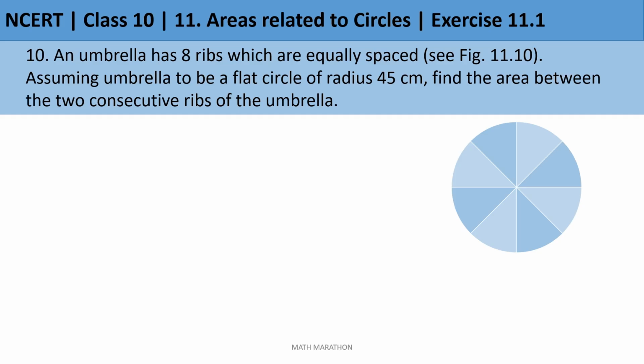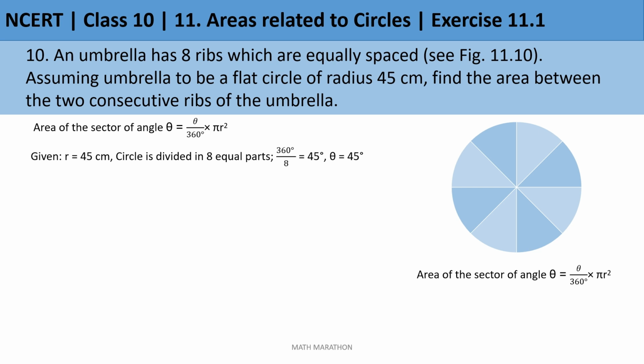An umbrella has 8 ribs which are equally spaced. See the picture. Assuming the umbrella to be a flat circle of radius 45 centimeters, find the area between the two consecutive ribs of the umbrella. Area of a sector is equal to theta divided by 360 multiplied by pi r square. We have the following information. Radius r is 45 centimeter. The circle is divided in 8 equal parts.